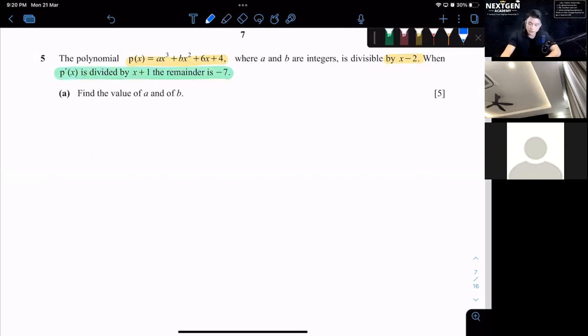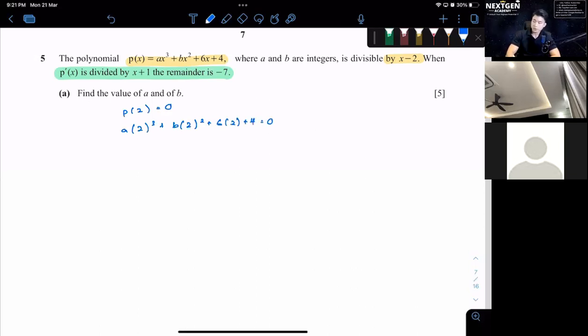If divisible, we use the factor theorem. So P2 equals 0. I can sub into the equation: a times 2 cubed plus b times 2 squared plus 6 times 2 plus 4 equals 0.